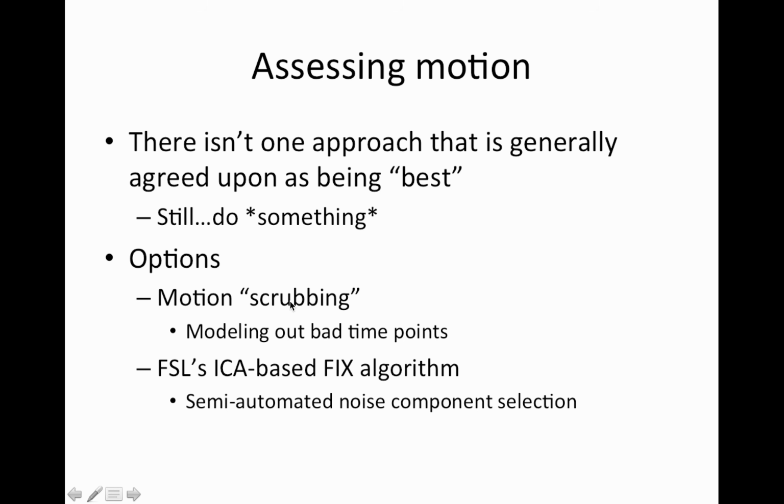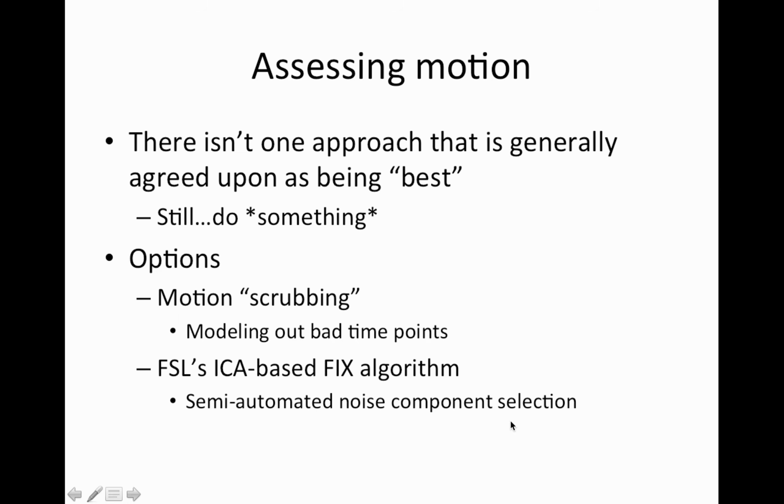So the two options are motion scrubbing, where you basically delete bad time points via the general linear model. And the other way is using FSL's ICA-based fix algorithm and other similar ICA-based algorithms. I know that Christian Beckmann has another one. The name is failing to come to my brain right now, but it is also supposed to work really well. This is a semi-automated noise component selection tool.